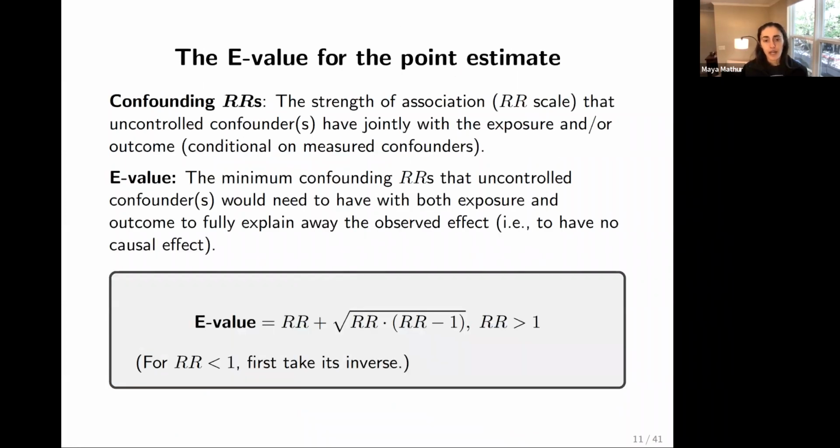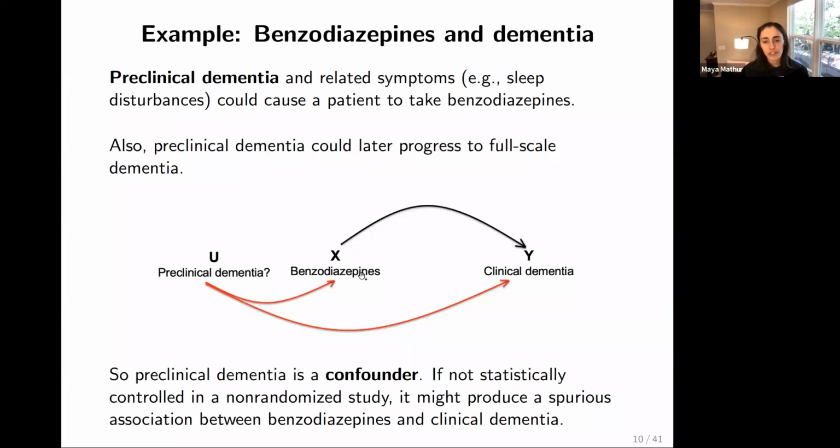Okay, so what I just illustrated is that the strength of these red arrows, in other words, the association between unmeasured confounders and the exposure, and second, the association between unmeasured confounders and the outcome, is basically what controls the severity of bias due to not measuring and controlling for this variable.